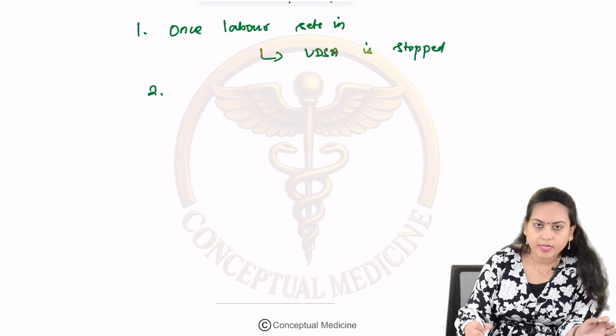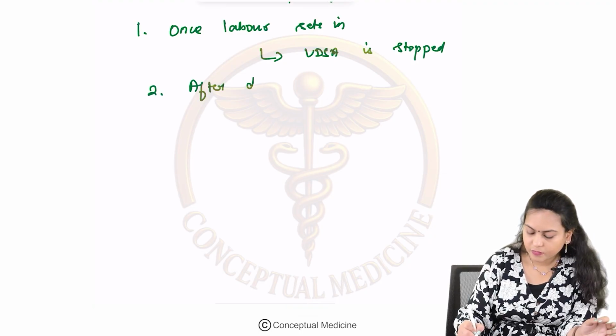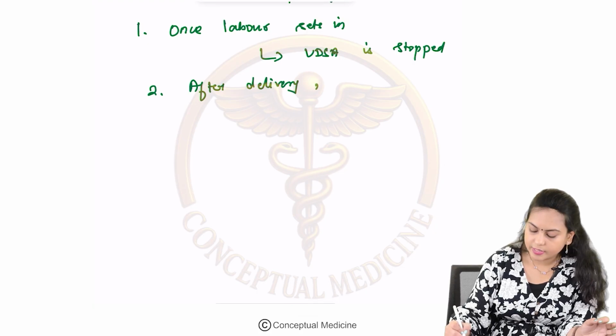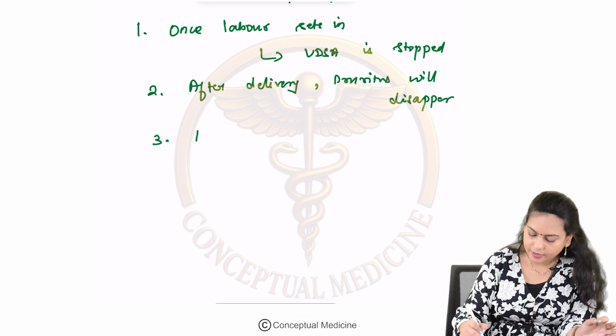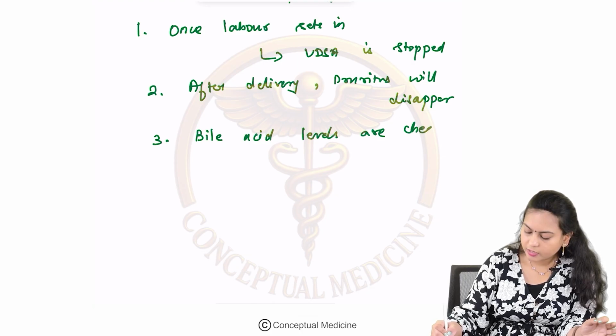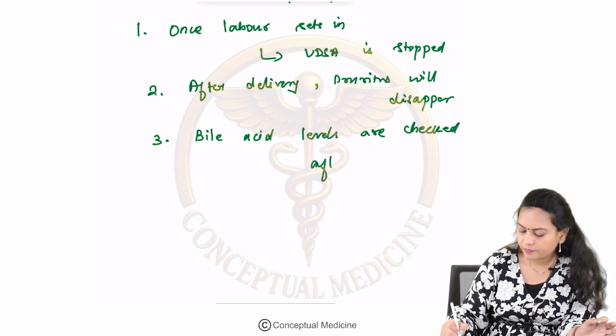Now usually after delivery, pruritus will disappear. Okay? And also, don't forget to check her bile acid levels after delivery. So, bile acid levels are checked after a week at least.